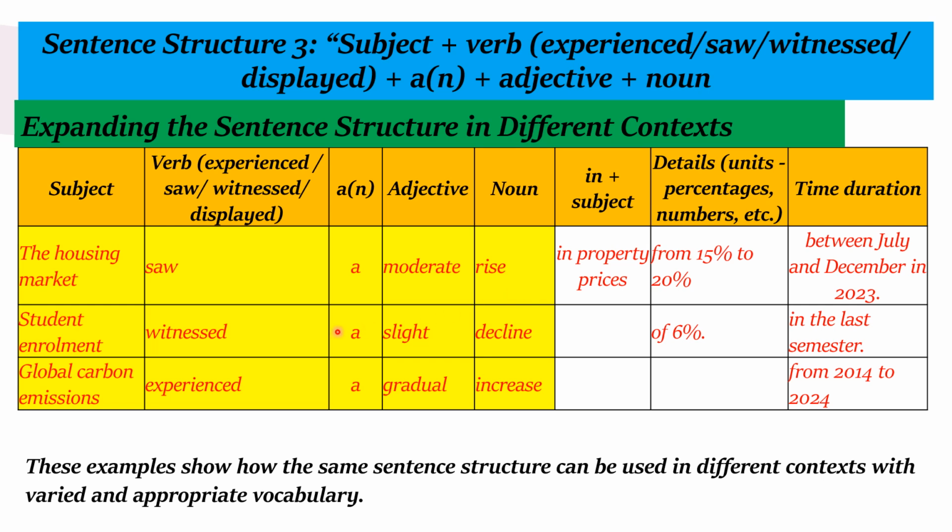Instead of witnessed a slight decline, you can use reported a small drop or experienced a marginal decrease. Instead of experienced a gradual increase, you can say saw a slow rise or witnessed a steady growth. Using a variety of appropriate vocabulary is key to scoring high marks in writing.